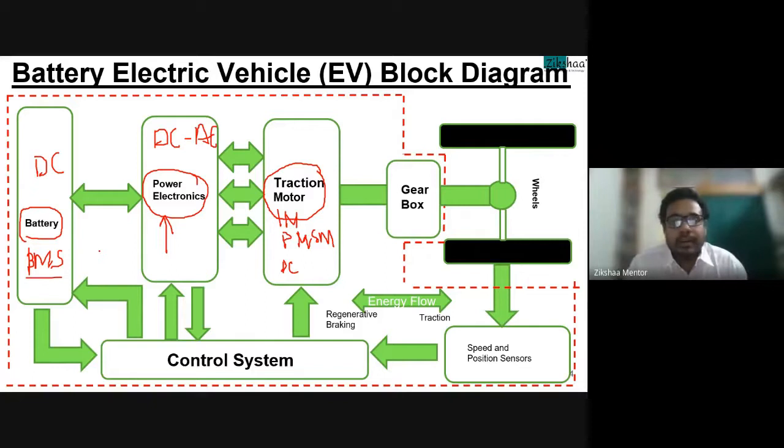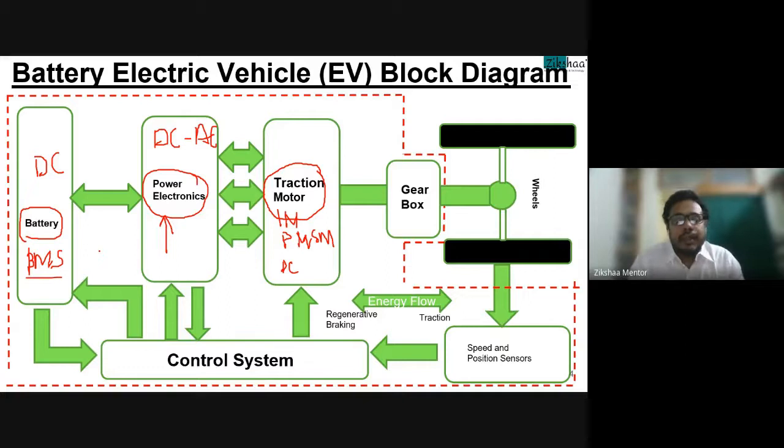It is a computer which takes inputs from the sensors, calculates, and runs algorithms so that it can operate its battery at the highest possible performance, extend the life of the battery, extend the range of the vehicle, and all these things.